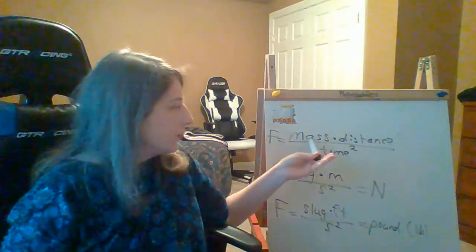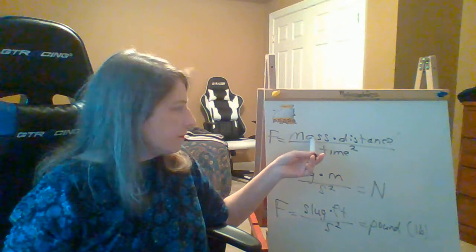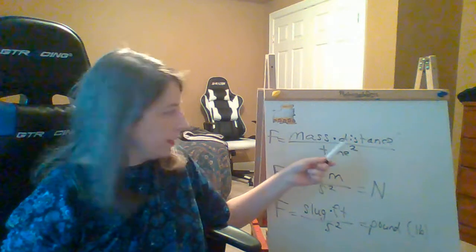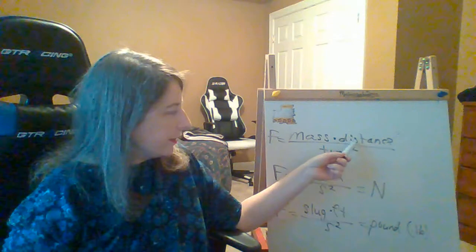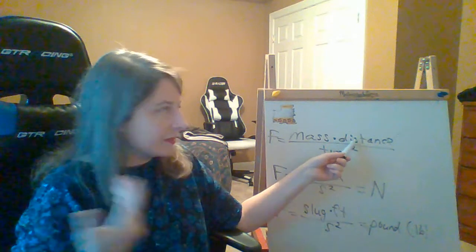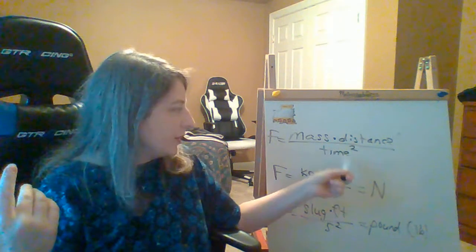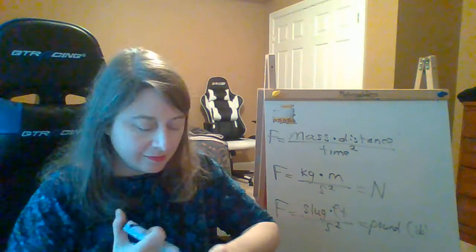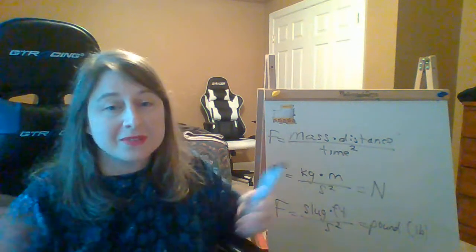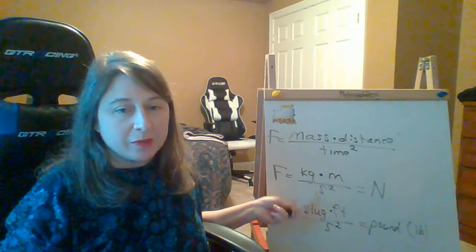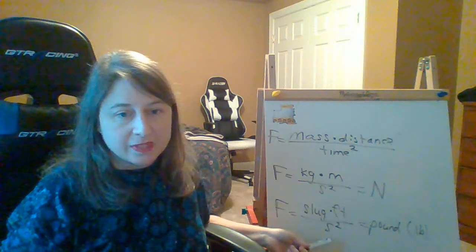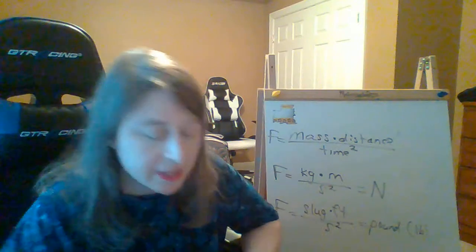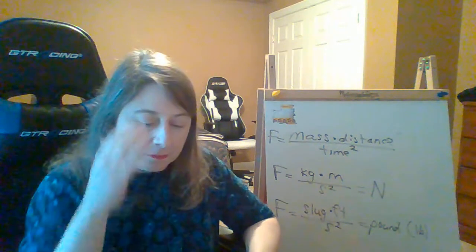Right? So you could do a milligram, what's the distance? Kilometer divided by hour squared. Like you can use any of those, but the standard would be the kilogram meter per second squared, which is the Newton, or the slug foot per second squared, which is the pound.